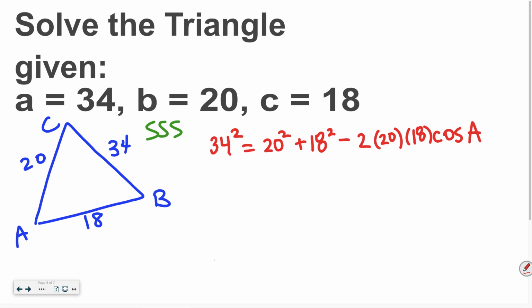What's that number? 432. And that equals minus 2 times 20 times 18 times cosine A. What is minus 2 times 20 times 18?